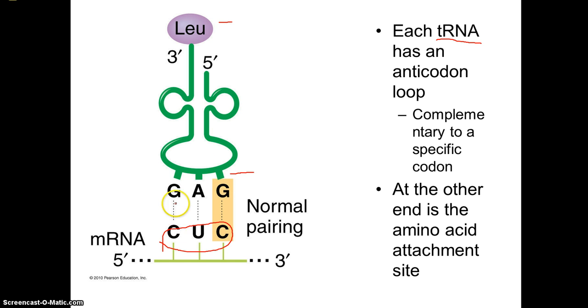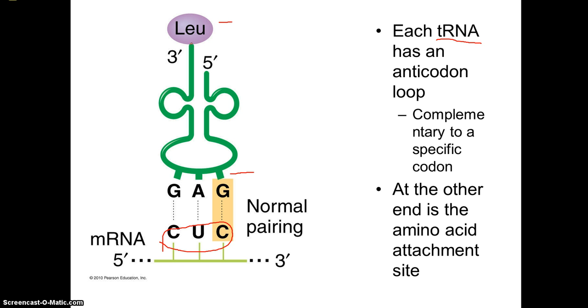So we just follow the base pairing rules here. A C would match up to a G, a U, remember there's no T's in RNA, would match up to an A, and a C would match up to a G. That's how this codon calls for this specific anticodon, again called the anticodon loop, which then at the other end has this amino acid attachment site, and here it's leucine.